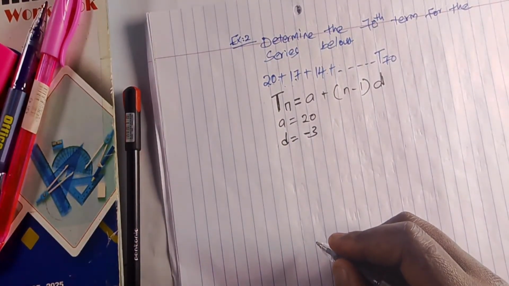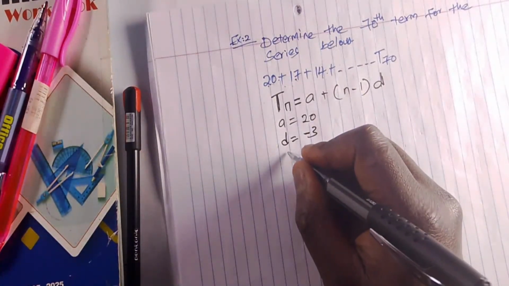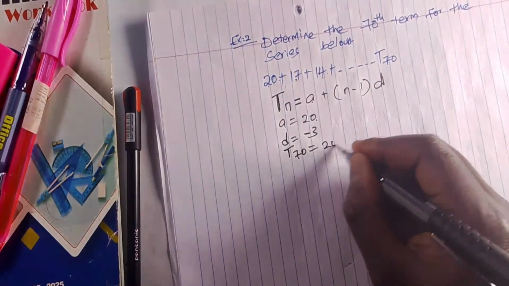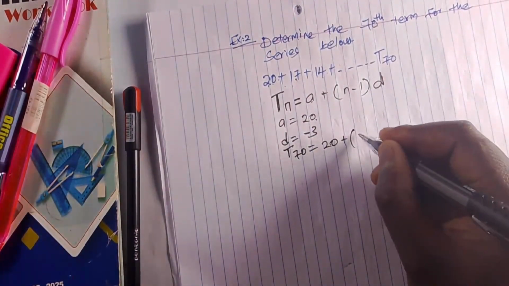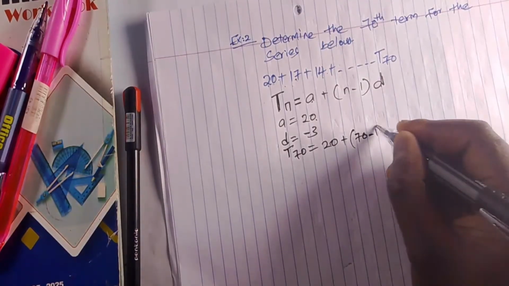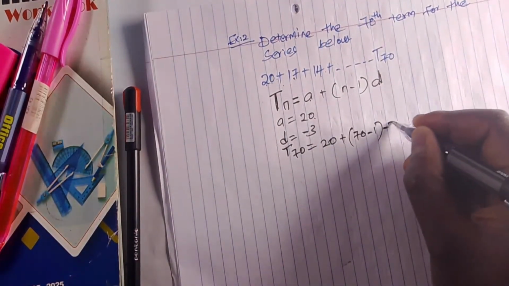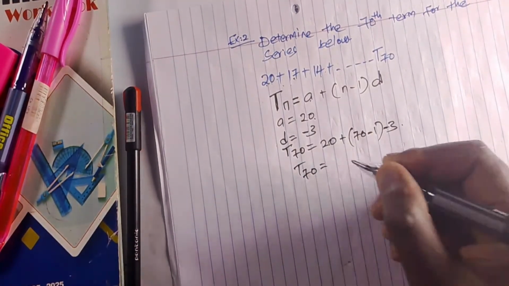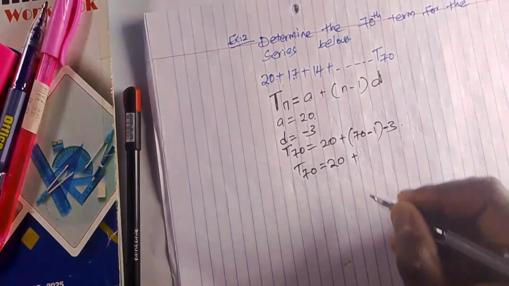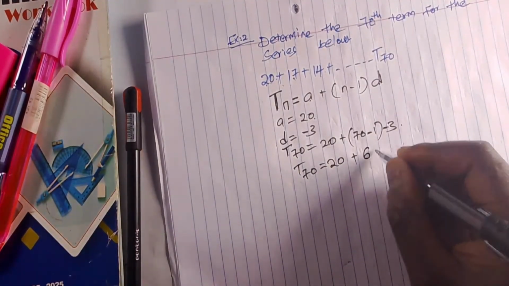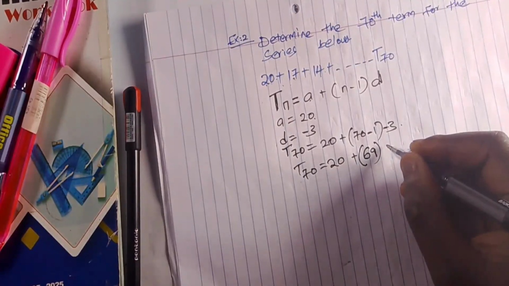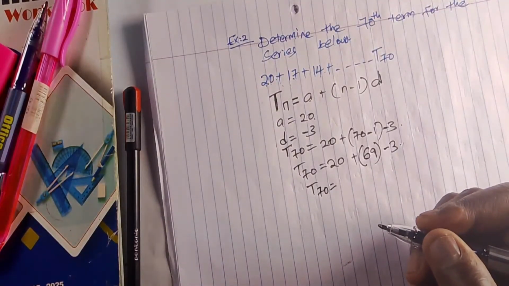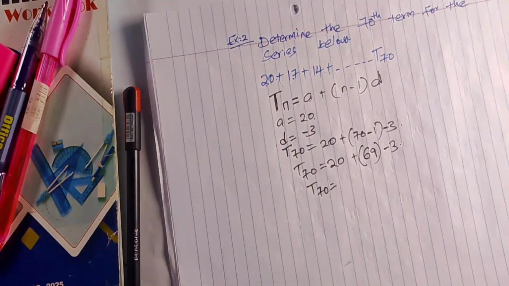Therefore, for us to get our T70, it is going to be a, which is 20, plus n minus 1, which is 70 minus 1, then multiplied by d, which is negative 3.